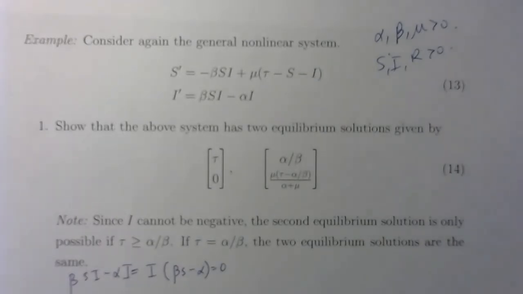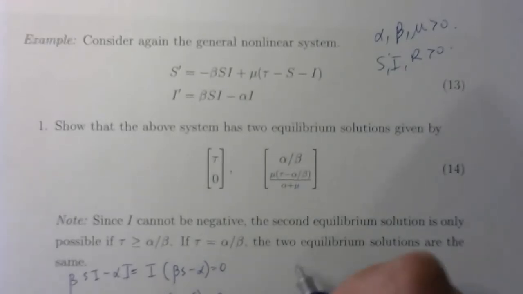And then if I plug that into the first equation, I have 0 plus mu times (tau minus the number susceptible) equal to 0, which implies that S should be tau. So one equilibrium at (tau, 0), check.